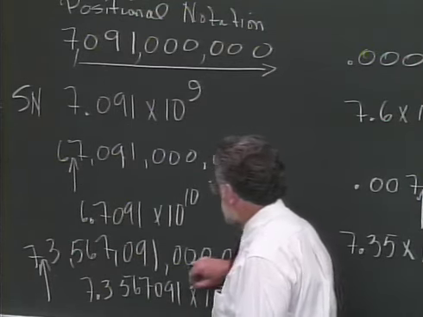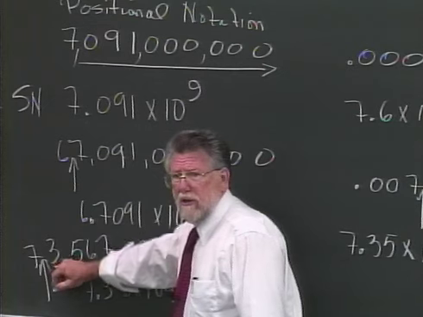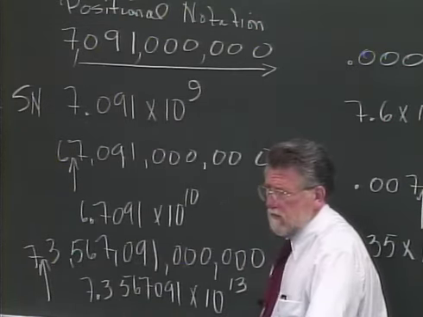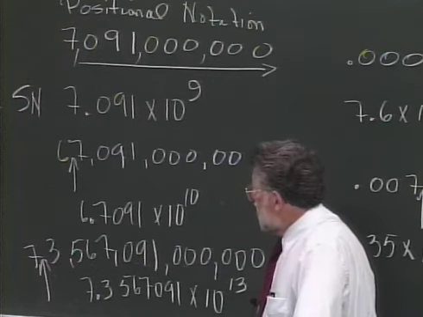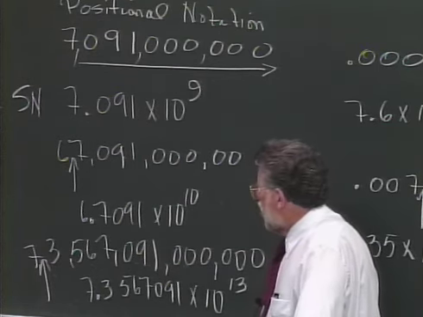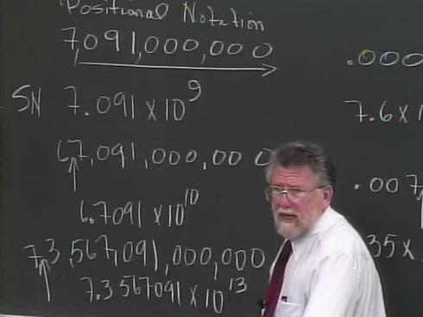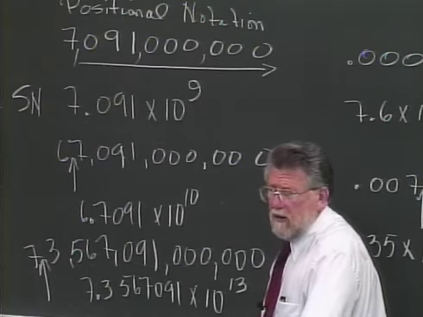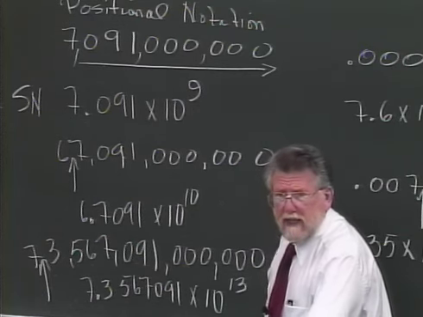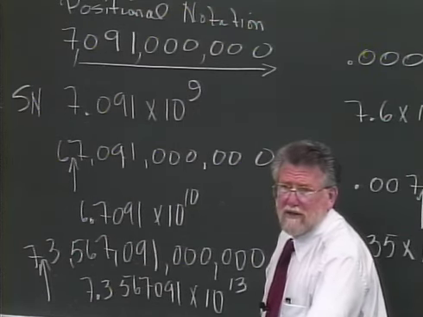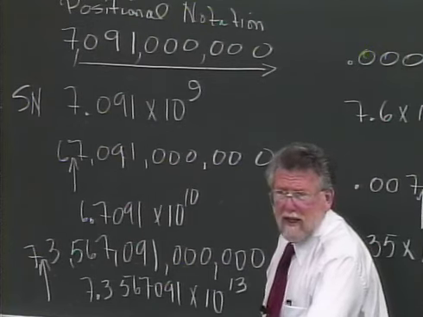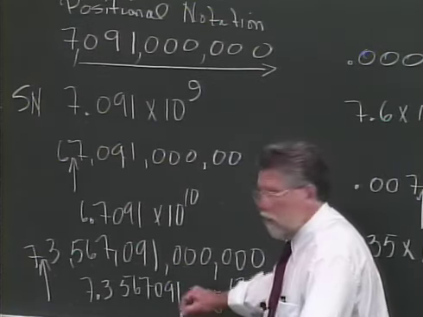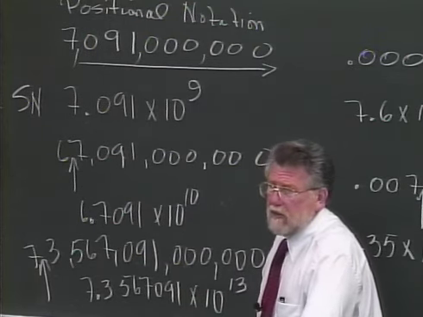10 to the 3, 6, 9, 12, 13th power, but most likely you'd get somebody saying, well, it's about 7.4 times 10 to the 13th. So what you would typically see here in the newspaper is round this off to, instead of 73 trillion, round it off to 74 trillion and say 7.4 times 10 to the 13th.